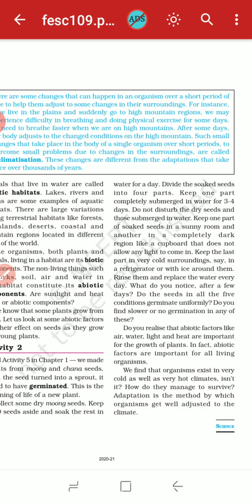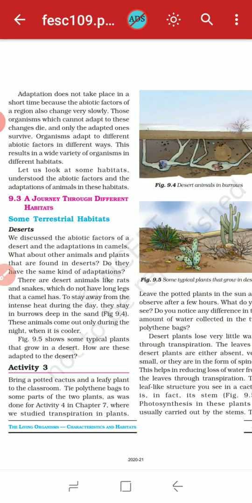We are adjusting. Just like that, to survive in places like snowy areas where rainfall is very high, or in dry hot areas, a plant adopts some special features inside it to survive. Adaptation does not take place in a short time, because the abiotic factors of a region also change very slowly.